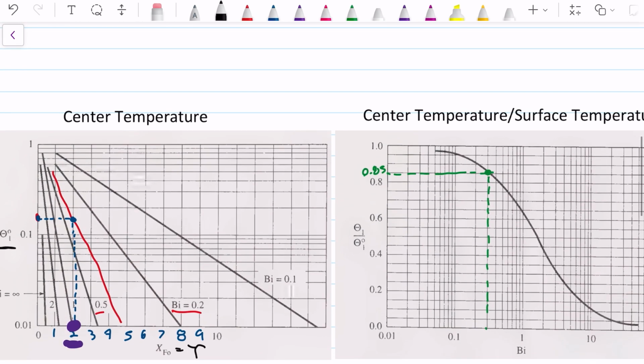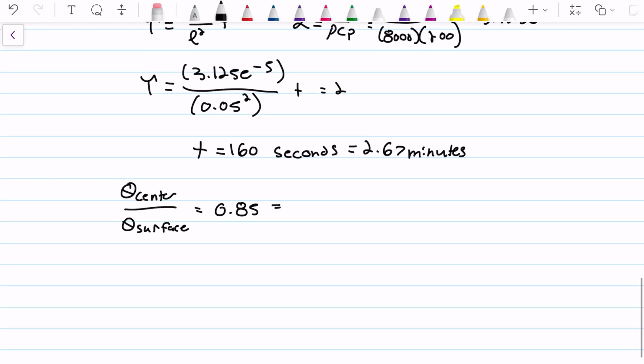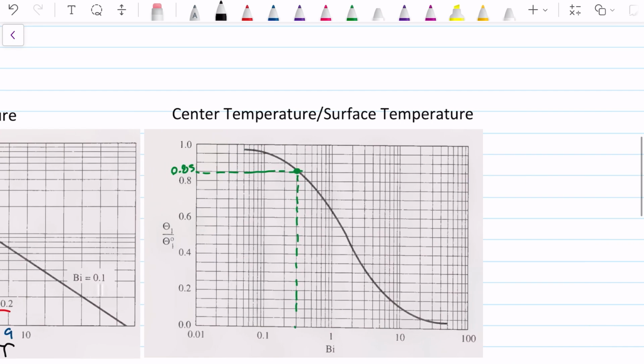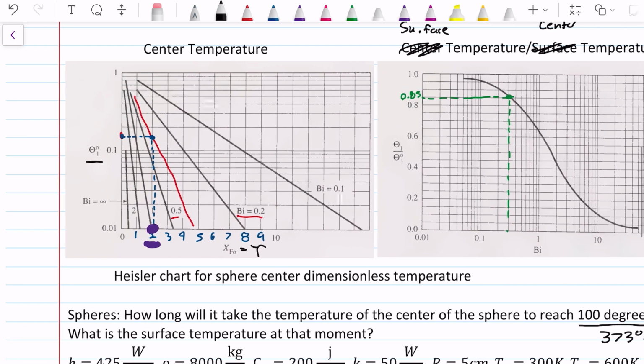Actually, I wrote this wrong. This is actually surface over center. I wrote my plot wrong. Okay, this is supposed to be surface. This is center. I had it backwards. Okay.